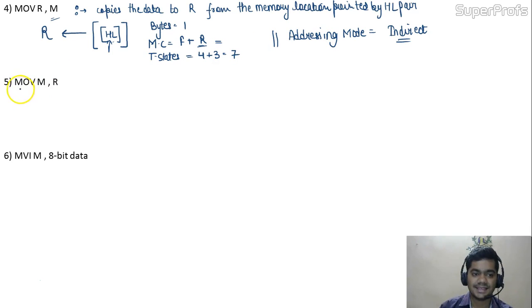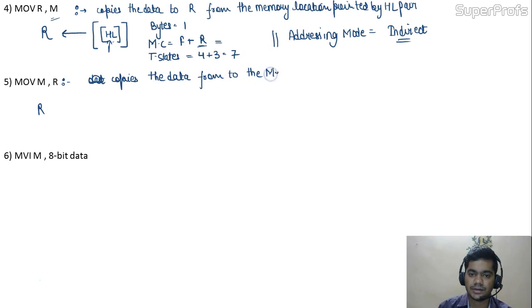Similarly, if we see the next instruction, that is MOV M, R, what does it mean? It copies the data from R to the memory location pointed by the HL pair.